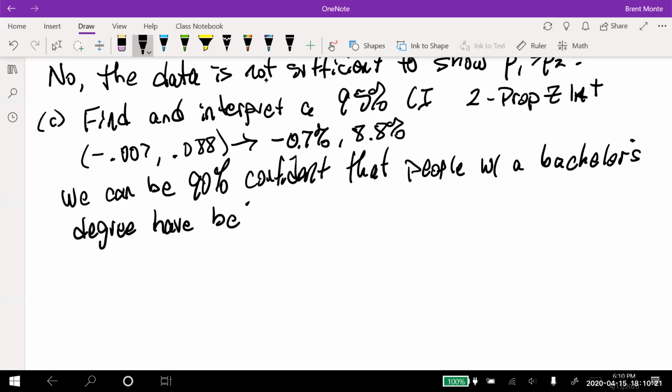Have between 0.7%, let's not say have, let's say are.